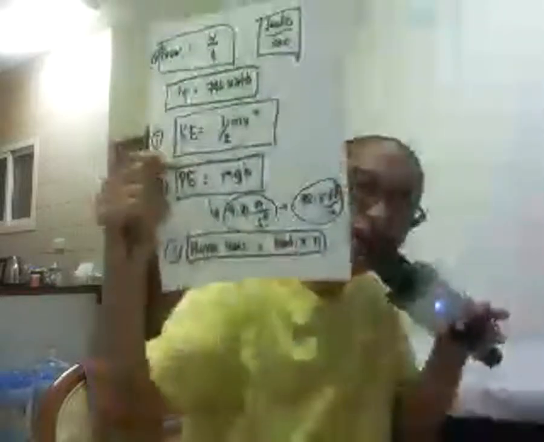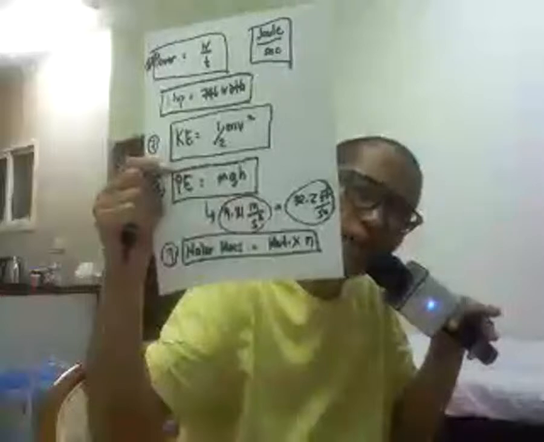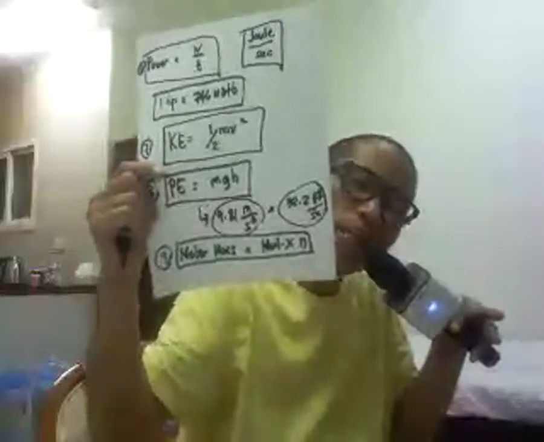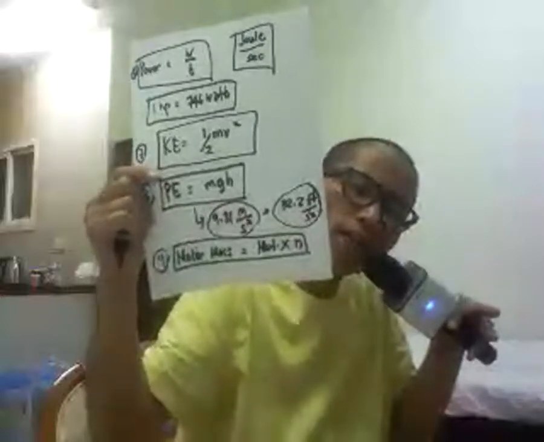This is more in chemistry. Molar mass is equal to molecular weight times n. Small n means mole, M-O-L-E, the unit of the amount of a substance. Why is it a molar mass? The unit of an atomic weight or molecular weight is always gram per mole. Do not forget that one.